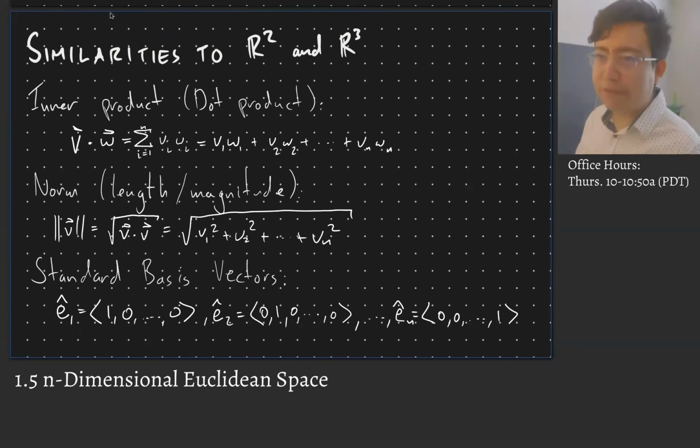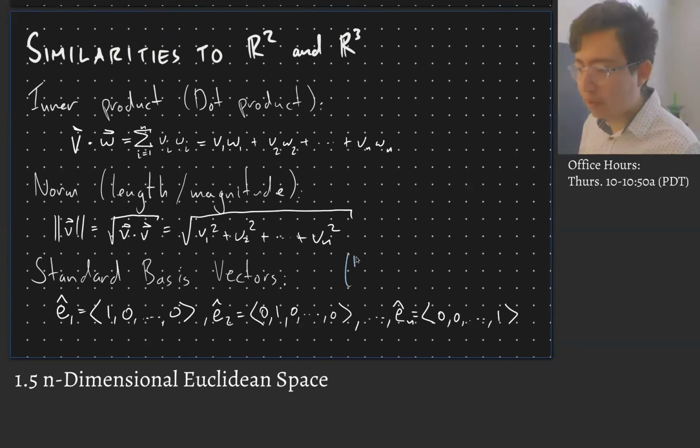So in particular, for example, in R3, for these vectors, there's n of them, but in R3 you have e1, which is just your i vector, e2 is your j vector, and e3 is your k vector, right?